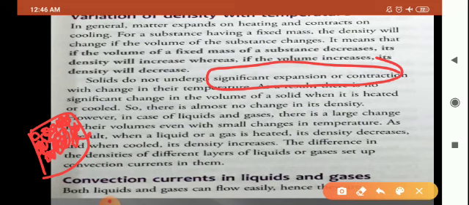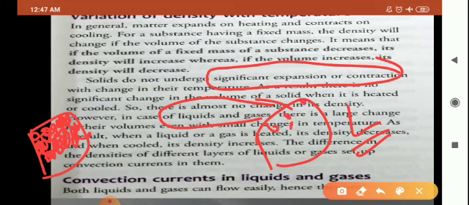But if we take the case of liquids and gases, there we will find a much larger change as compared to solids. Reason? Here molecules, if we talk about liquids, are much less tightly packed, and therefore you can easily find there will be expansion in their volume, and hence if volume will expand, so what will happen?